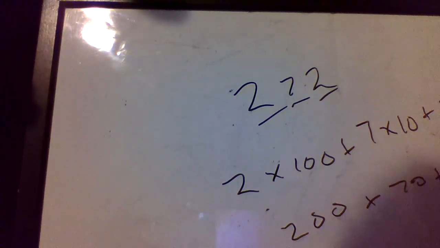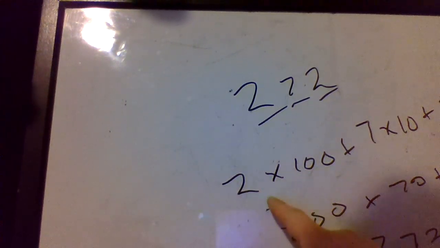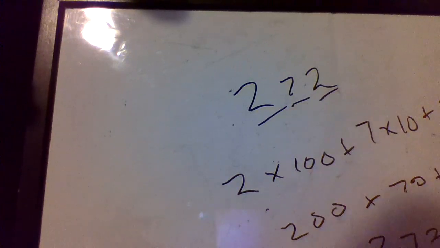And 2 groups of 1 is 2. So if we add those all up, we get 272, which is the number that we started with. All right. So this is expanded notation. This is standard notation. And this is just the number that we started with.